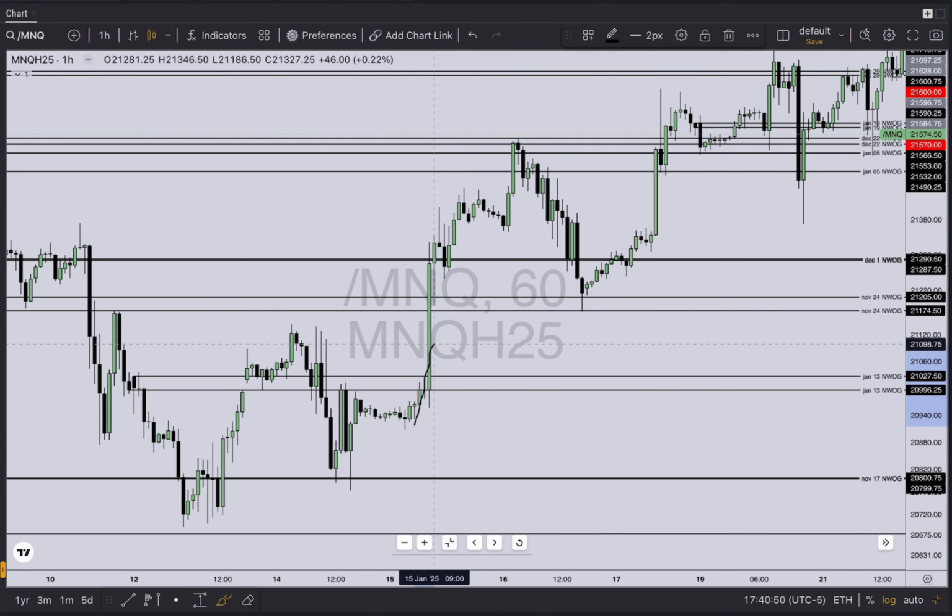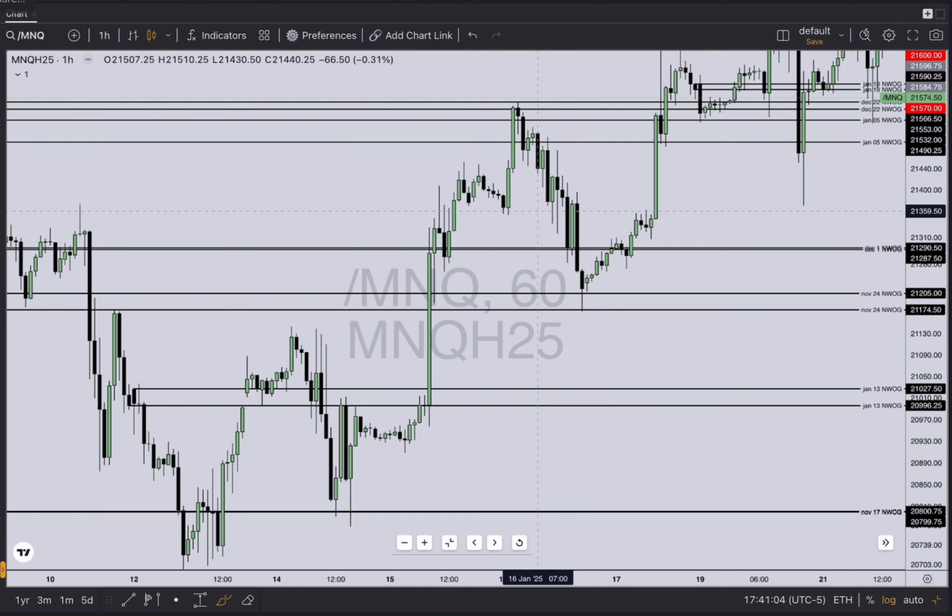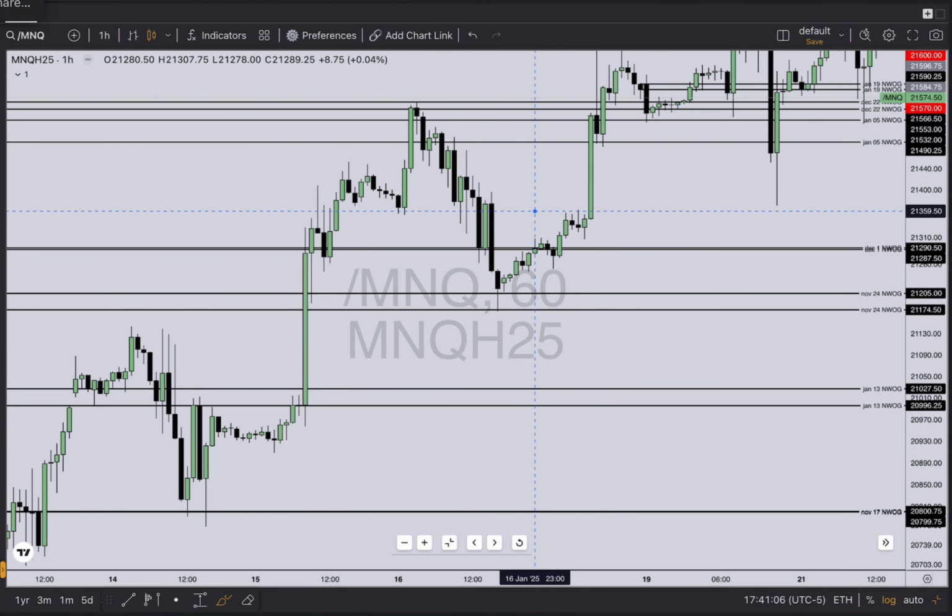So we have a push up, small retracement, push up, retracement, push down, push down. In this leg right here, I want you guys to see this. How many lows do we have in this region right here? So we have this low, and let's say this low, right?